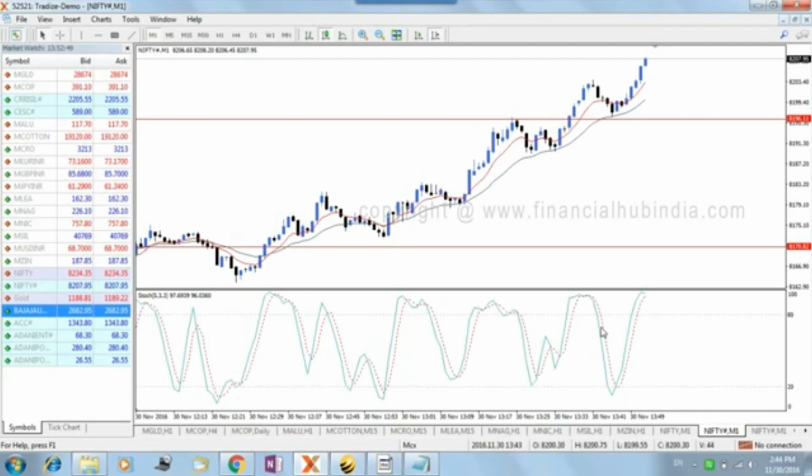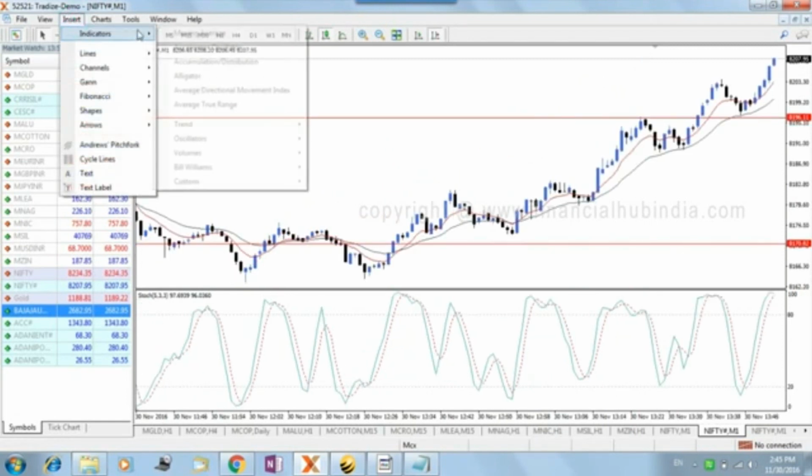You wait for these two lines, the blue and red, to arrive at the 20 line, the oversold zone, and give a crossover on the upside. Then you buy, and when it reaches here, you wait for another crossover, and then you sell. So it's sell, buy, sell, buy. That is how all the indicators work.